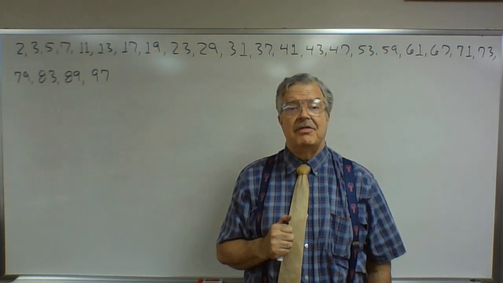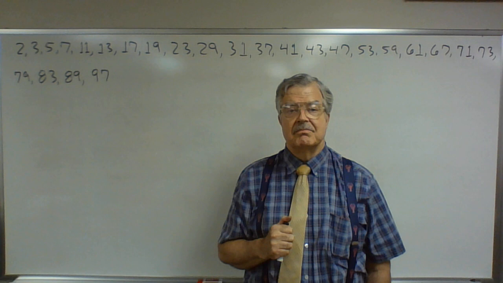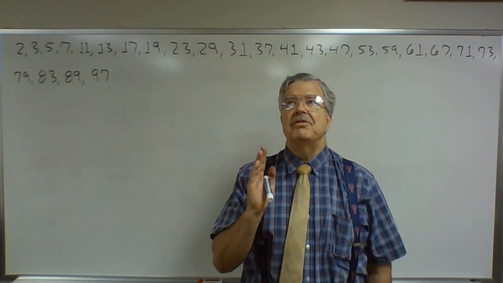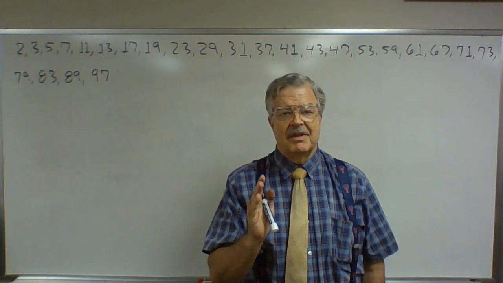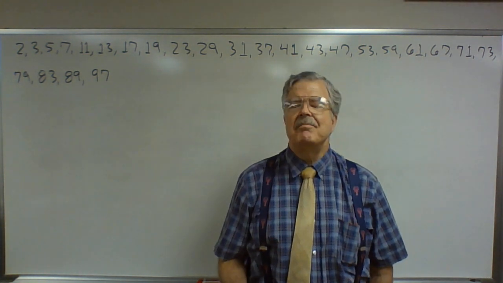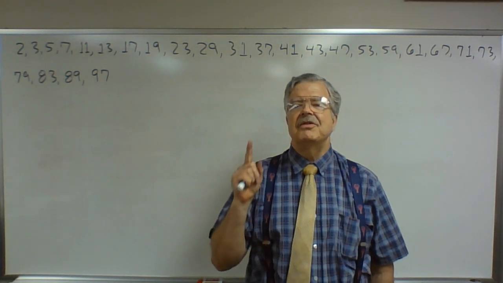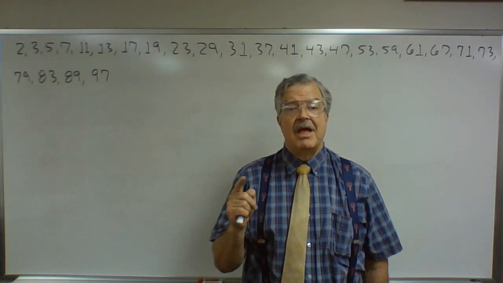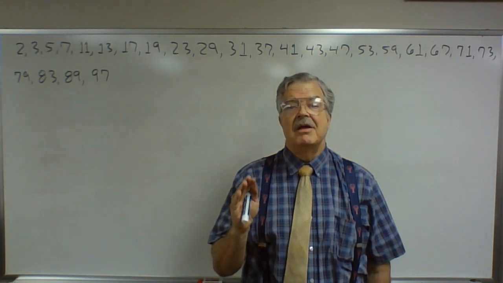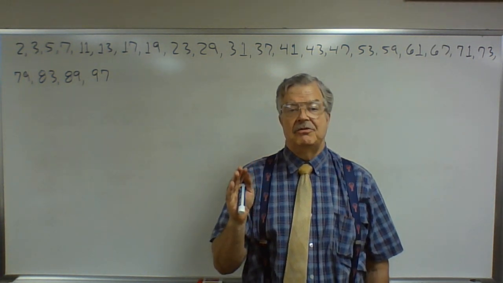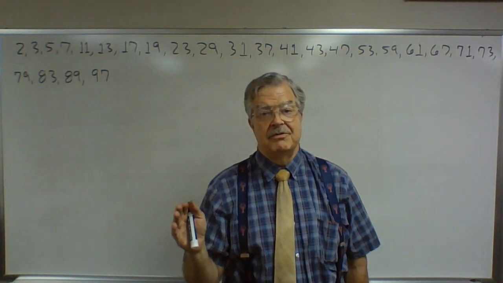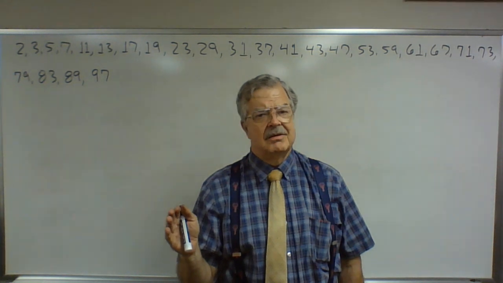Well, the square root of 10,000 is 100. So any composite number less than or equal to 10,000 has to have a prime factor less than or equal to its own square root, which is going to be less than or equal to the square root of 10,000, which is 100.